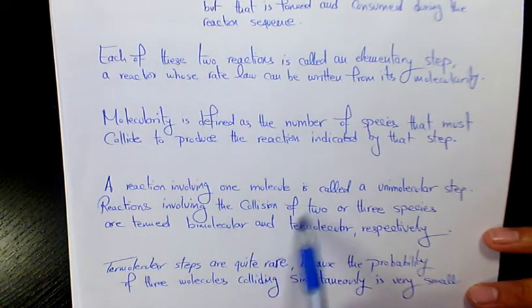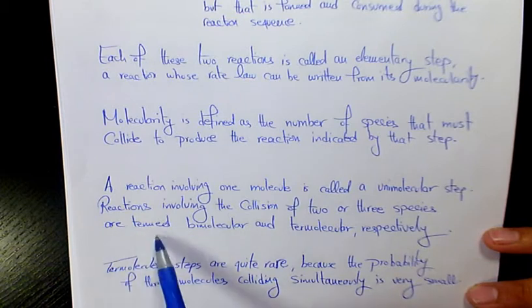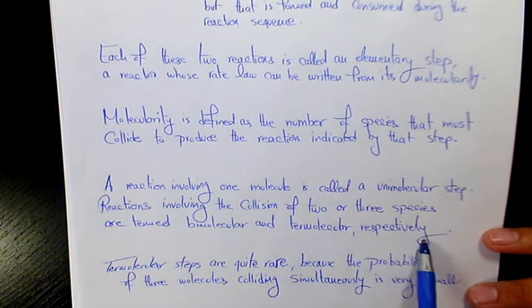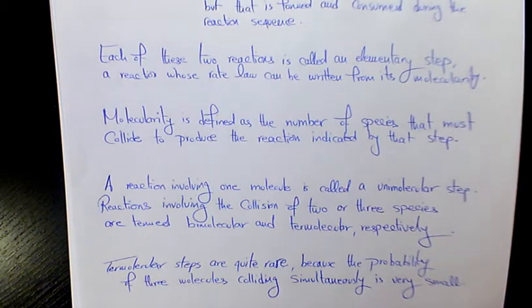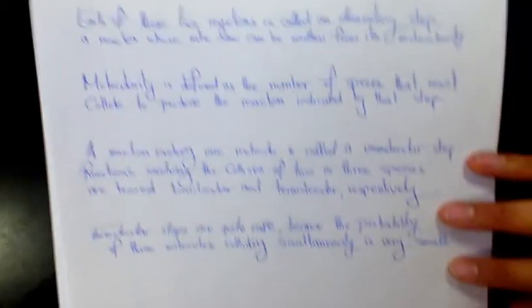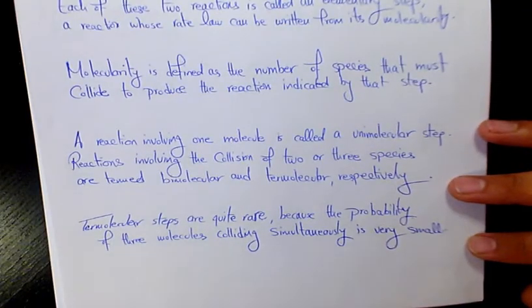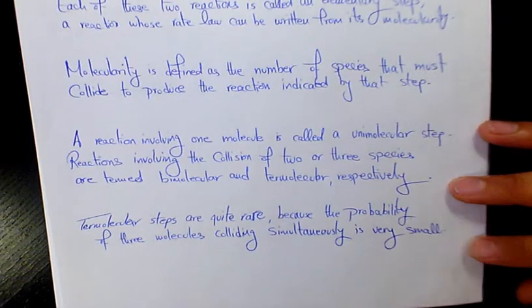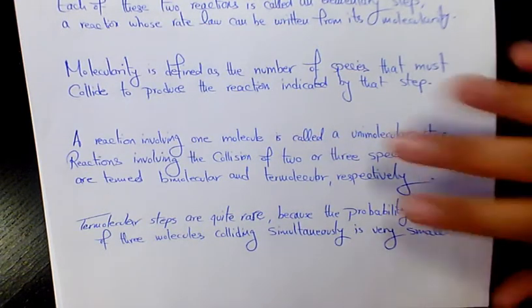Reactions involving the collision of two or three species are termed bimolecular and termolecular respectively. So if you have two species, it's bimolecular. If you have three of them, it's termolecular. Termolecular steps are quite rare because the probability of three molecules colliding simultaneously is very, very small.